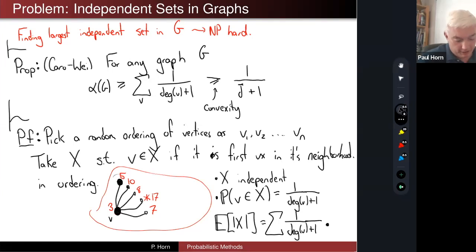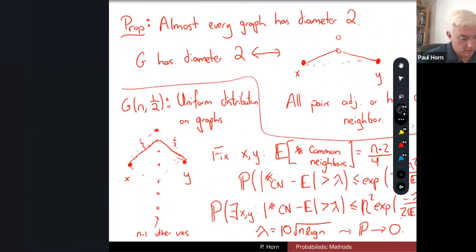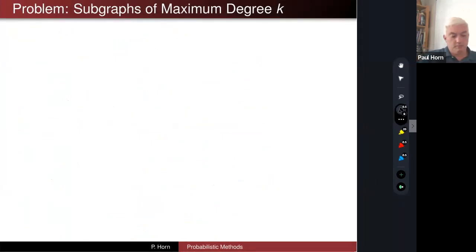And something I really wanted to highlight was that often it's not the results that are that interesting, but rather the methods.